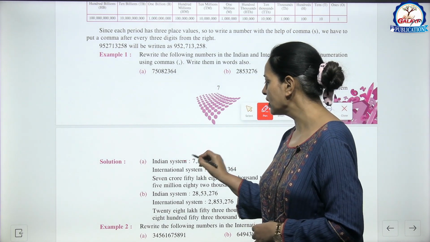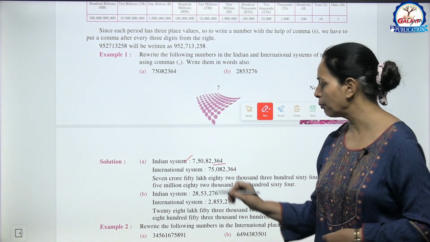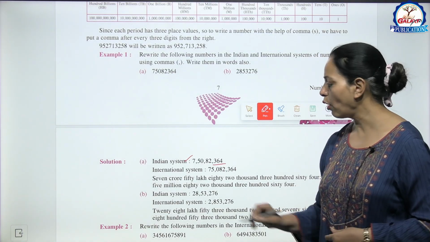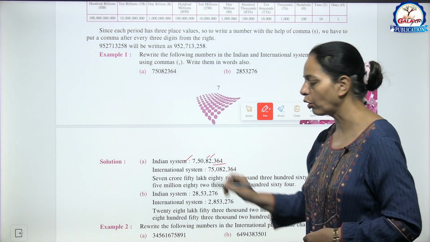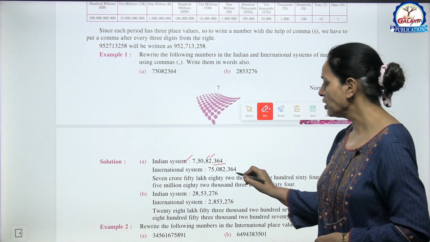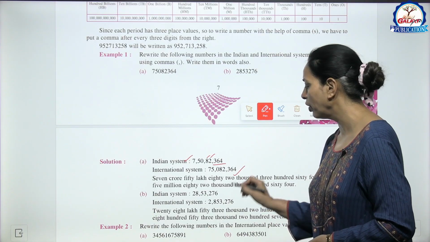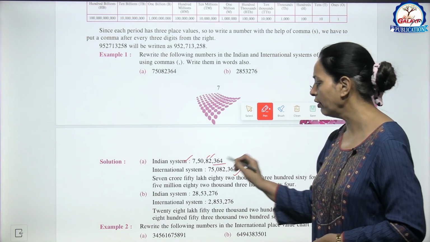Here we know in the Indian system what to do. This is the ones period, 3 digits, then put the comma over here. Now take 2 digits, then put the comma, then take 2 digits, put the comma. Now in the international system we take 3 digits, so put 1 comma over here, then next comma here, like this.